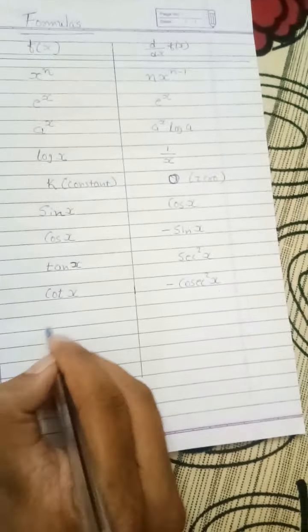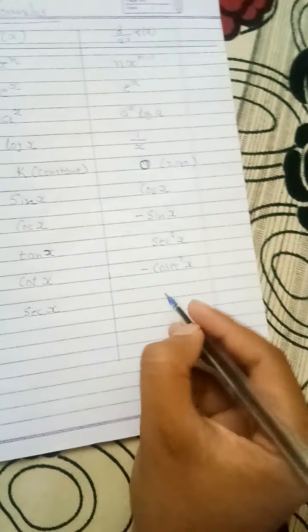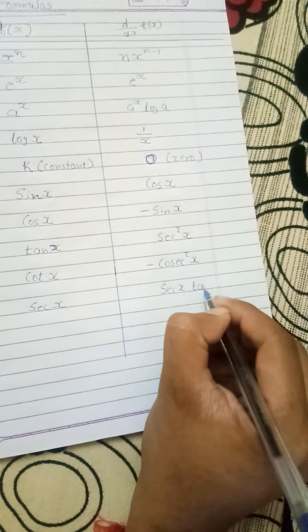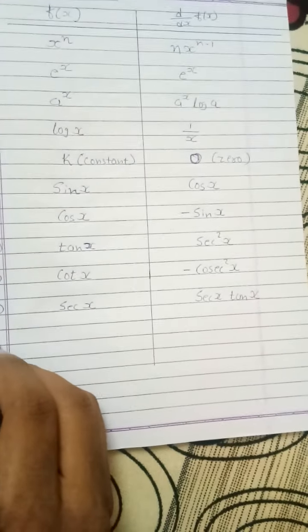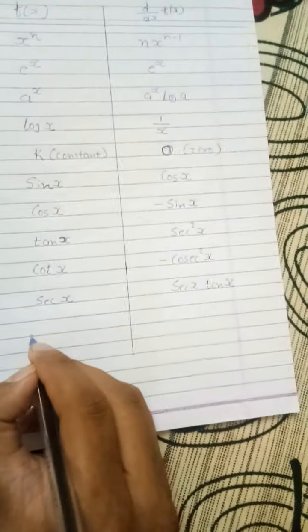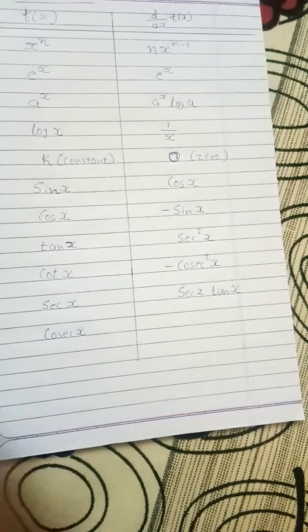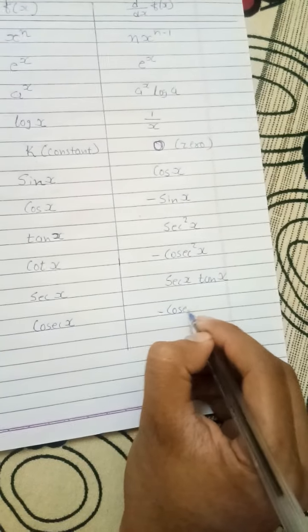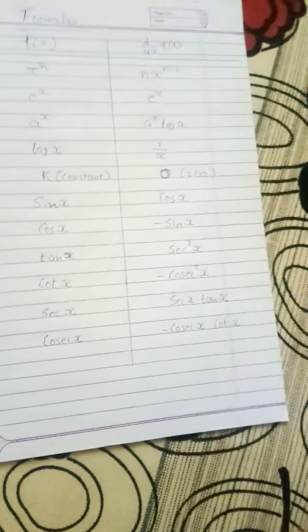Tenth, if sec x is given, its derivation is sec x into tan x. And last but not the least, if cosec x is given, its derivation is minus cosec x into cot x.